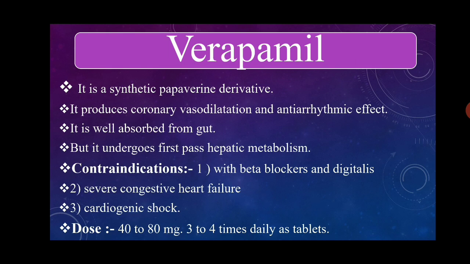Cardiogenic shock is the condition in which your heart suddenly cannot pump enough blood to meet your body's needs. That is why it is called cardiogenic shock, but it is a rare condition, and it is a contraindication for verapamil.